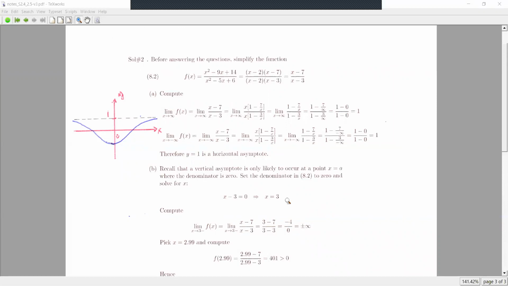Now, to determine whether or not the function has a vertical asymptote at point 3, we need to compute limits at point 3. If one of the limits is infinity, then at point 3, the function has a vertical asymptote. If none of the limits is infinity, then the function has no vertical asymptote at point 3.